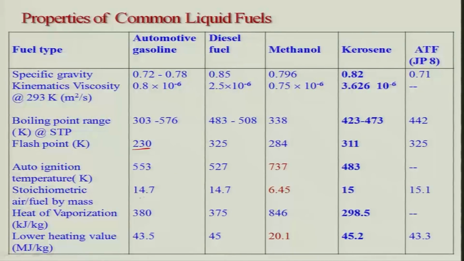And stoichiometric air fuel mass ratio, most of them are around 15, okay, and this one is 6.43, and this is the heat of vaporization. Generally we use the lower heating value for our calculation purposes, and that is the lowest one. All other things are around 40 to 45 megajoule per kg, okay. This is a very large amount of heat.